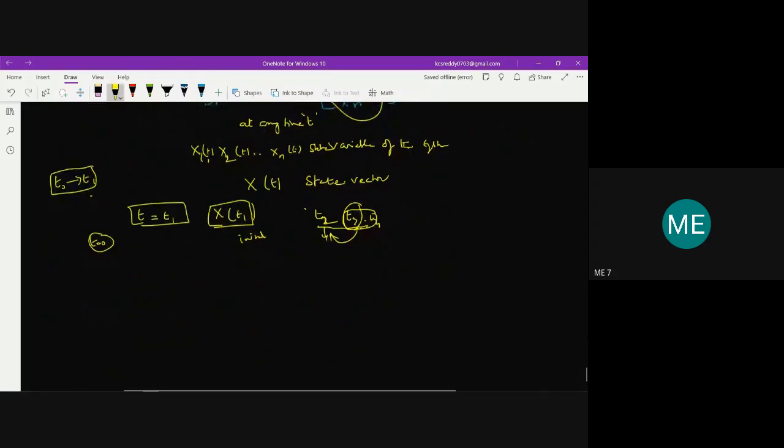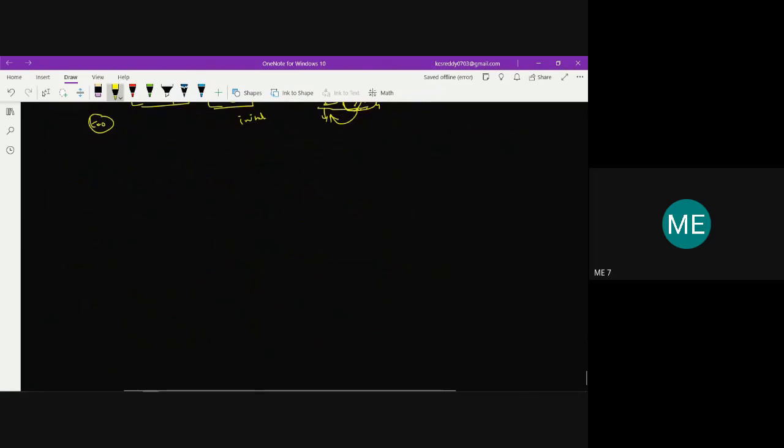Now some of the definitions which we need to understand in this state space variable analysis. What are the terms used in this state variable analysis?